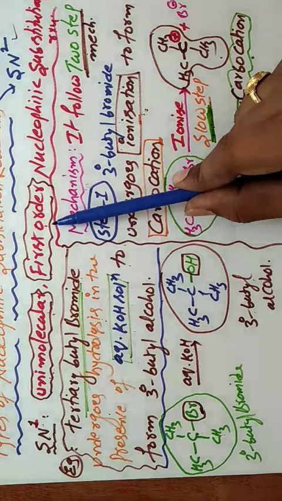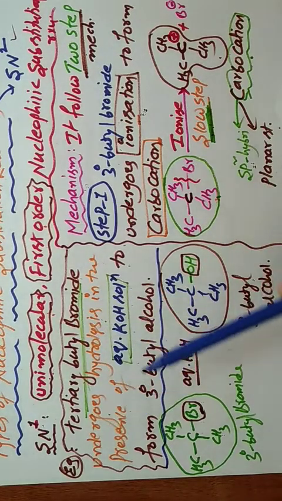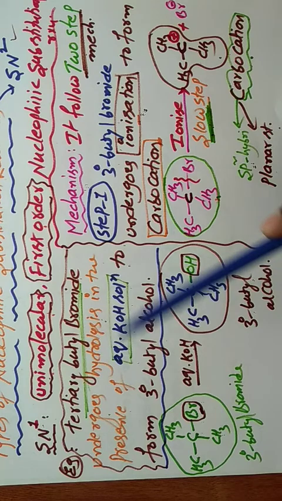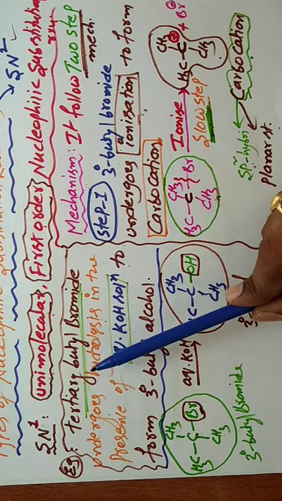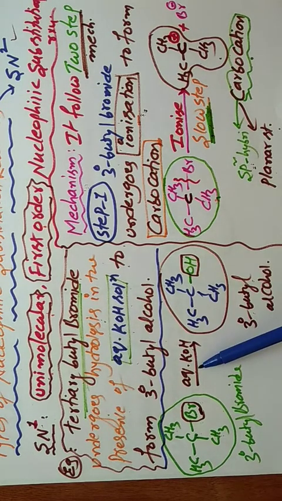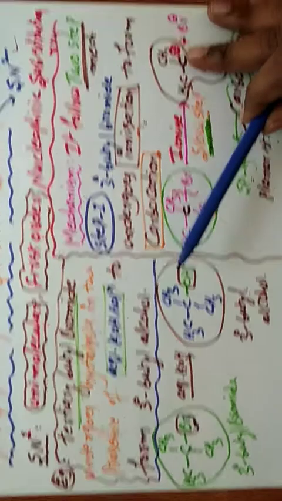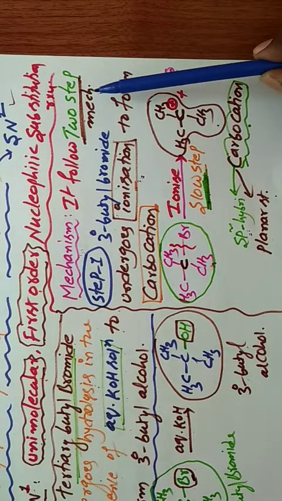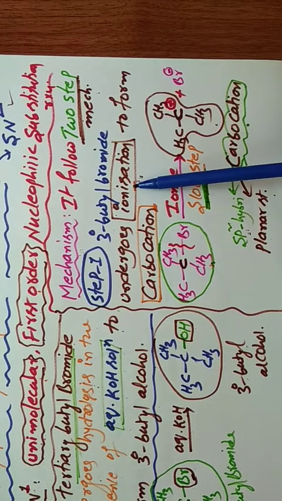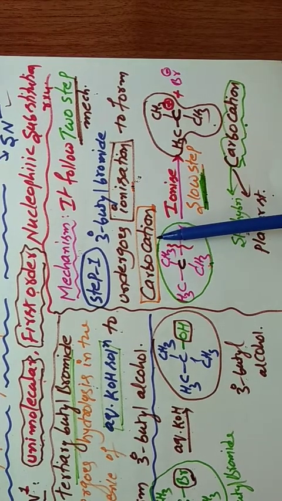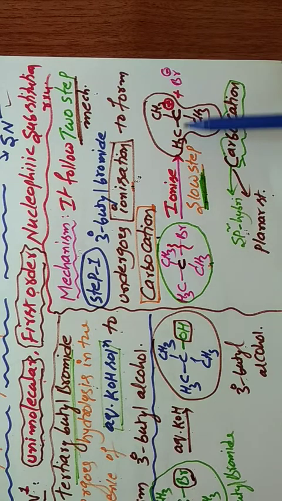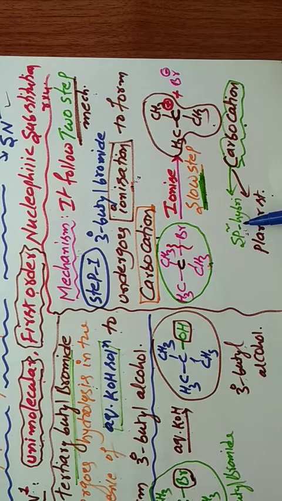Tertiary butyl bromide with aqueous KOH, bromine is replaced by OH. This is the total reaction. Its mechanism follows a two-step mechanism. Step 1 is ionization, carbocation formation. This bond is simply broken, Br minus and C plus. Carbocation means sp2 hybridization, planar structure.